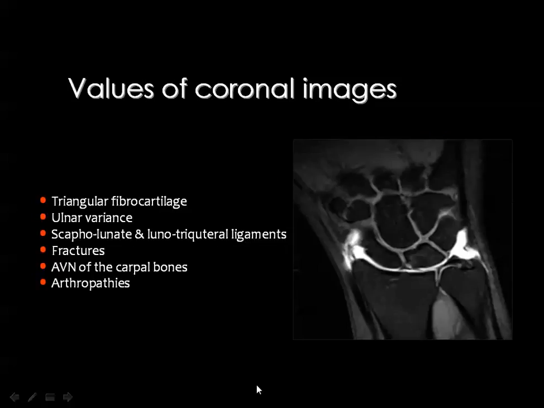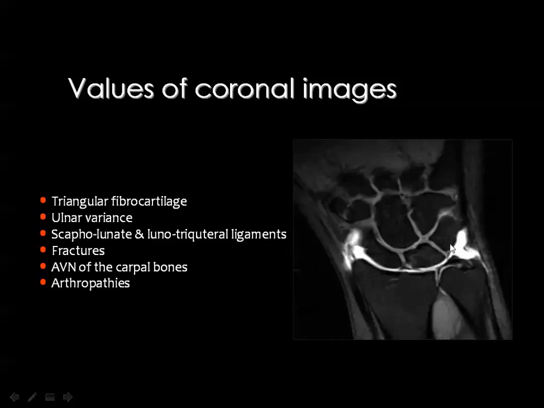Then what are the values of coronal images in the evaluation of the wrist joint? Or let us say in other words, how can you read the MRI of the wrist joint? I recommend that you start with the coronal images T1 and STIR, looking for these abnormalities. Number 1, the triangular fibrocartilage, which is located along the distal end of the ulna. Number 2, look for the ulnar variance.